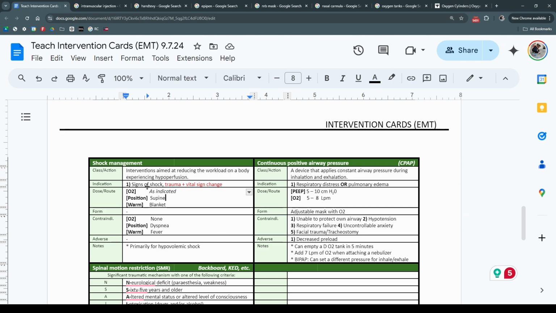But all I mean to say is if I walk up and I think that you're in shock, we'll get into what shock means later, largely, I want you to start doing this. Put oxygen on them as indicated. In many cases, this is just starting with a nasal cannula.